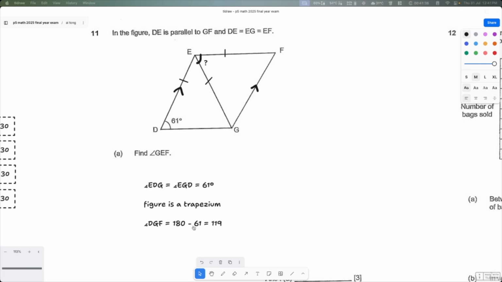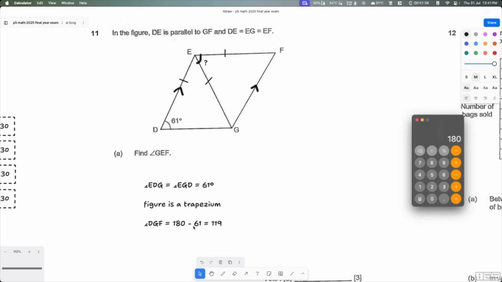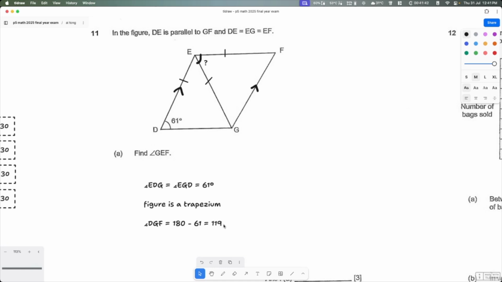Let's double confirm with our calculator. 180 minus 61 gives you 119 degrees.